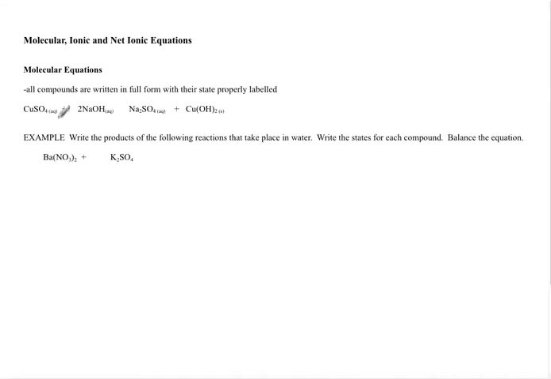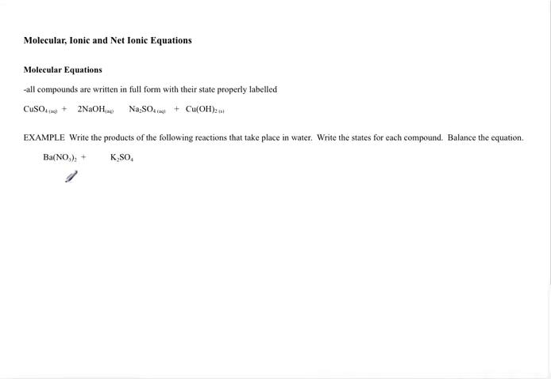We use the solubility rules, which you learned earlier in the year, in order to decide if a substance is soluble in water, which we would list as aqueous, or whether it is a solid or it's insoluble in water. So let's look at this example here. We're taking this reaction, it's taking place in water, and we can use the solubility rules to verify that these two substances are soluble in water.